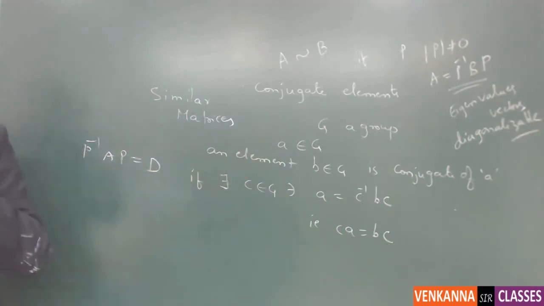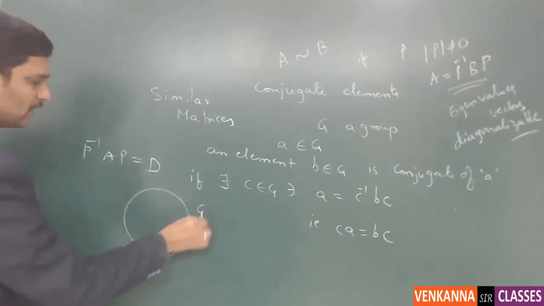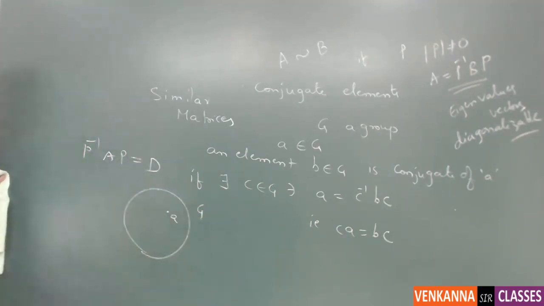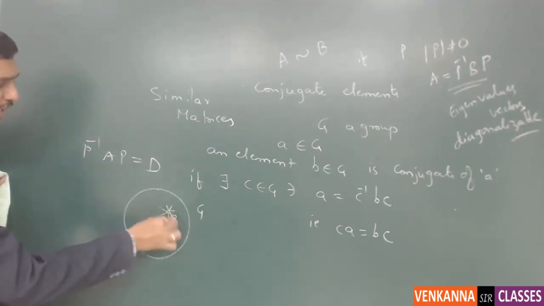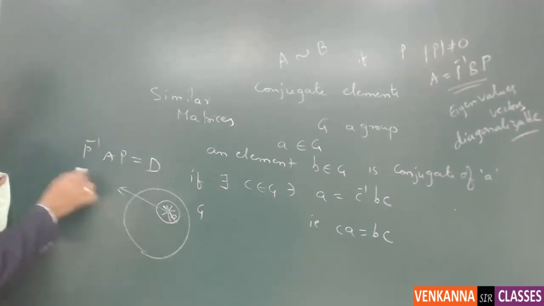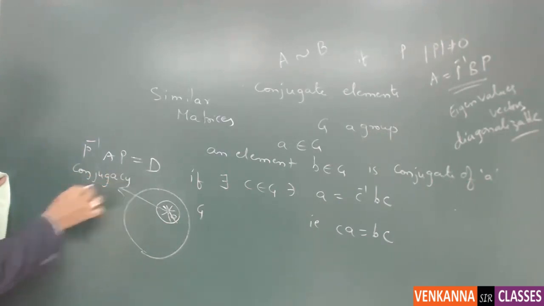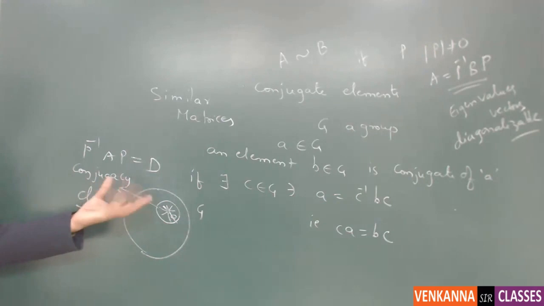The main purpose of saying like this is, if you take the group G, you fix an element A and you calculate what are the elements which are conjugate to A. This we call a conjugacy class. So in other words, these conjugacy classes act like cosets.